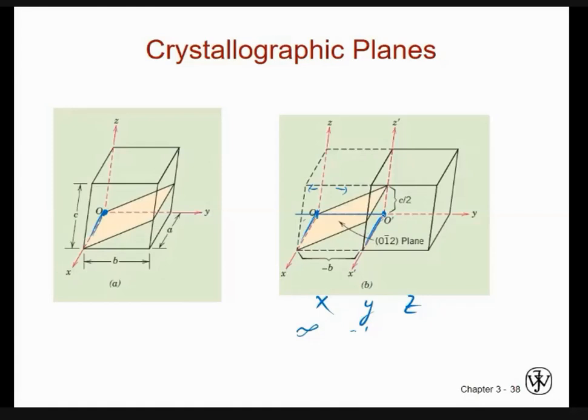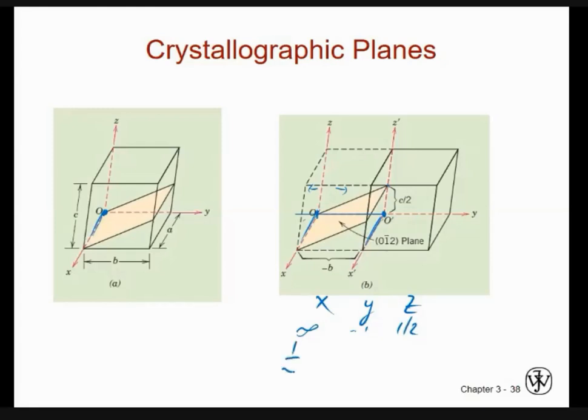the z-axis where? It seems a little bit complicated for this one. Let me see. If I choose this point as the origin, x is parallel, y is -1. What about z? It intersects the z-axis at 1/2.